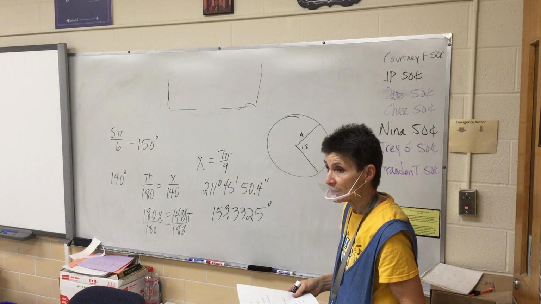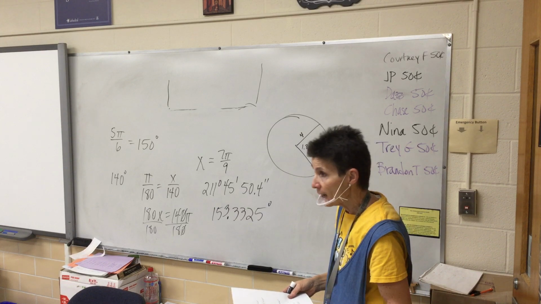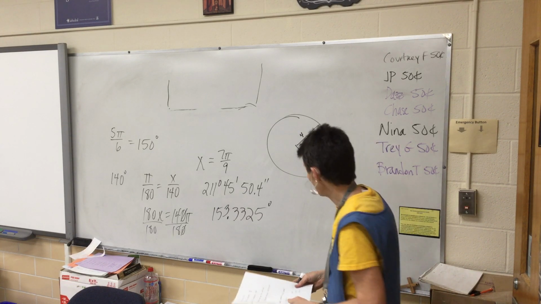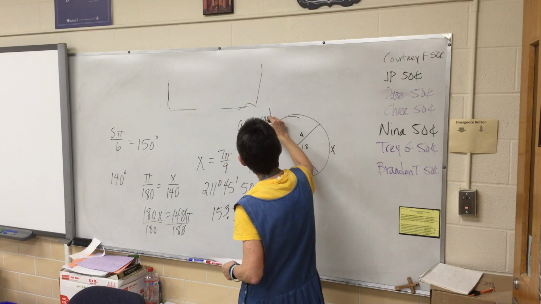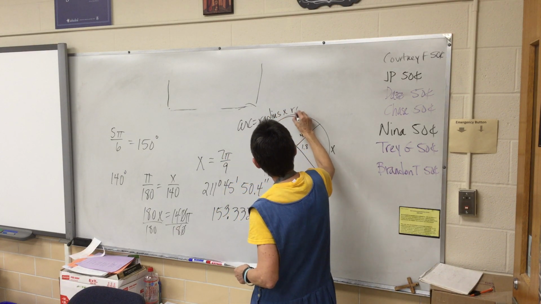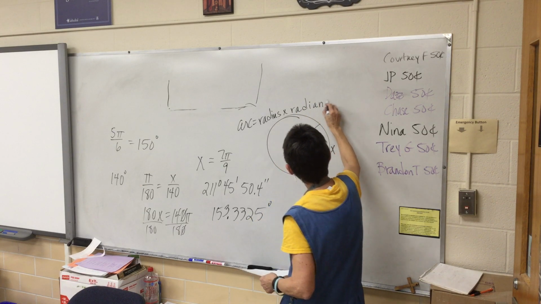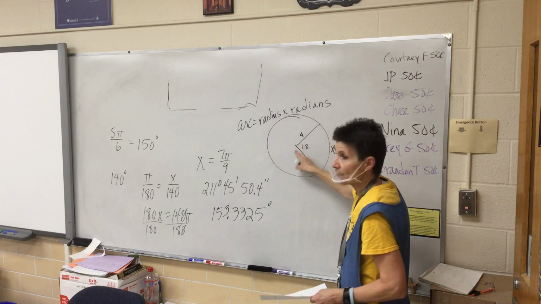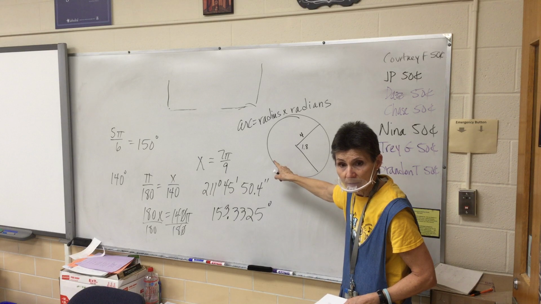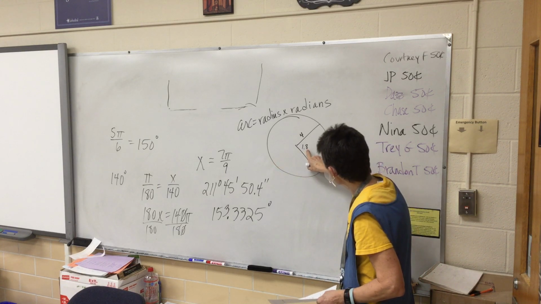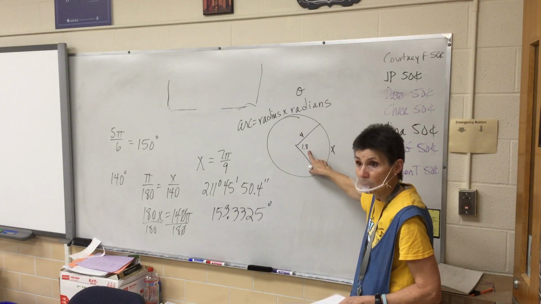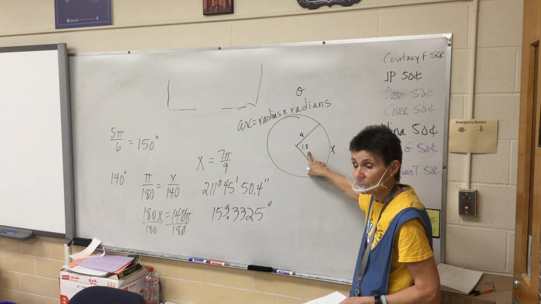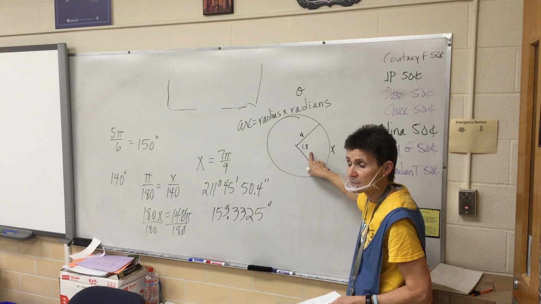Arc length equals radius times radians. Now the good news is the radius is 4, and the angle measure is 1.8 radians. How do I know that's radians?